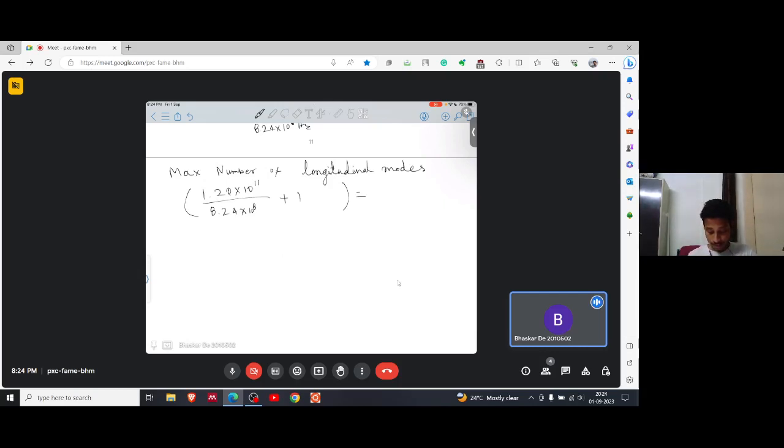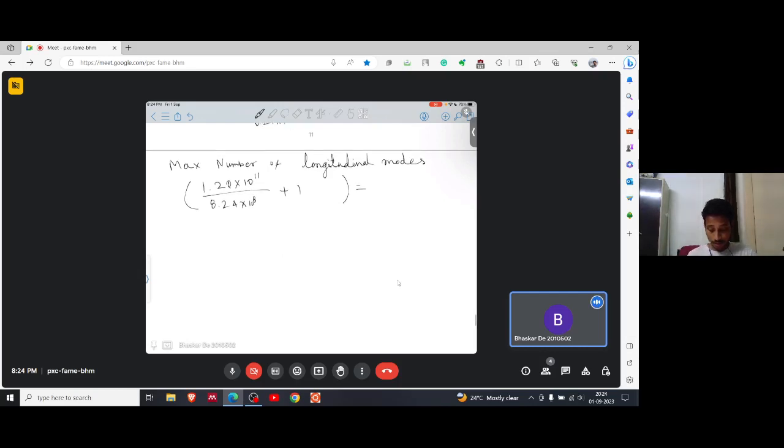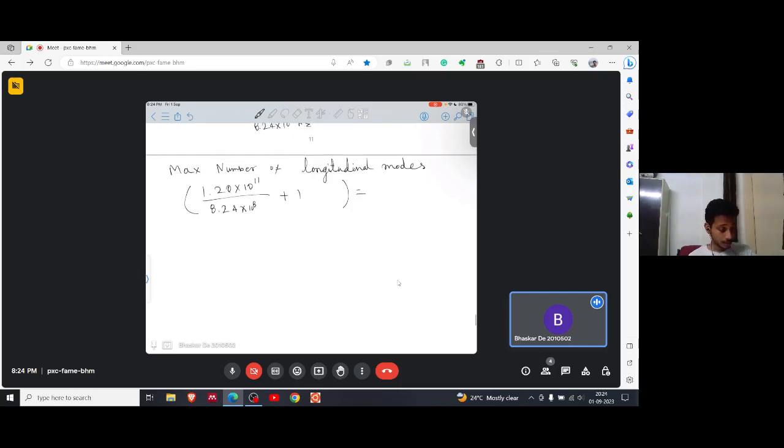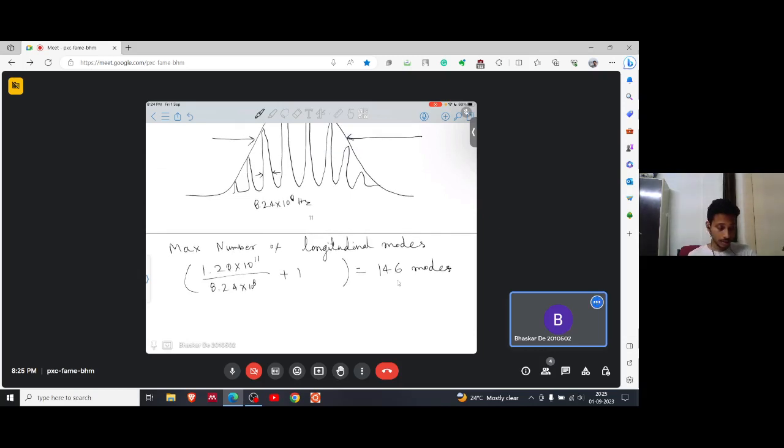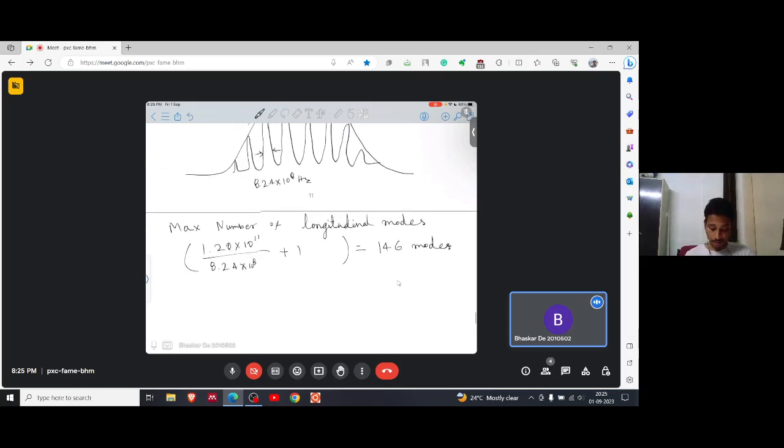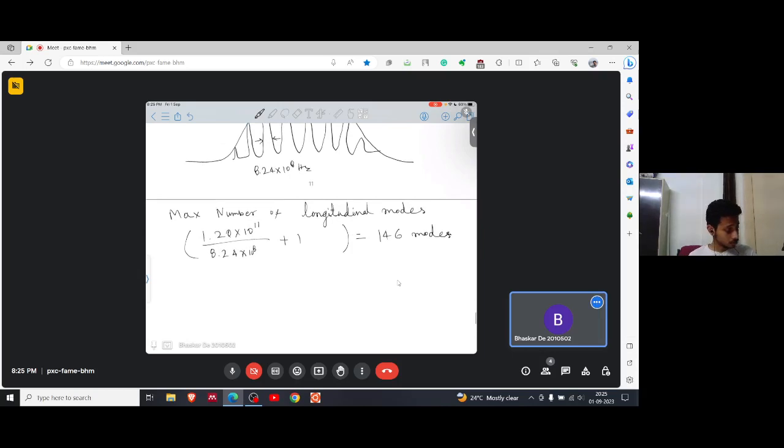So here we will add just 1, because if you calculate this then you will get something like a fraction. So after multiplying we will just add 1 and we will get something around 146 modes, because the number of modes should be an integer.